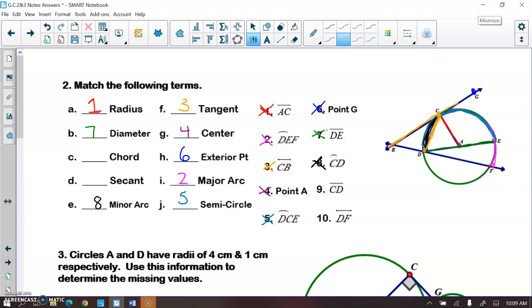That's called a chord. And then the last one, line DF, is a chord that goes past the circle, so that's actually called a secant.